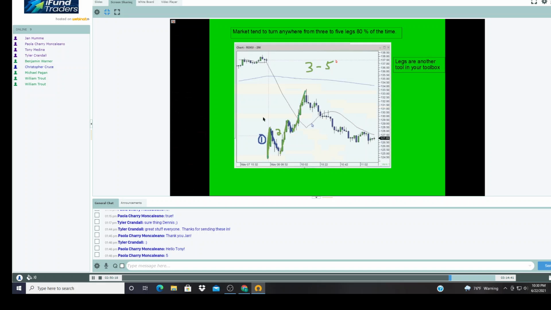The market tends to turn anywhere from 3 to 5 legs 80% of the time, right? So here we had 1 leg up, 2 legs up, 3 legs up. In this case, it was only 3.